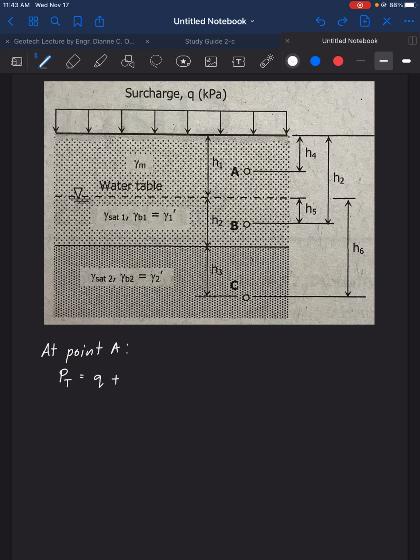So we have here gamma moist times the height H4. Remember that gamma is kilonewton per cubic meter, and H4 or H sub 4 is meter. Cancel that. So the resulting unit is kilonewton per meter squared, and that is in kilopascal. Okay?